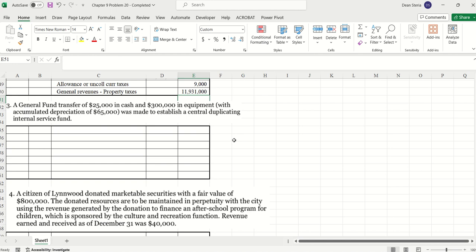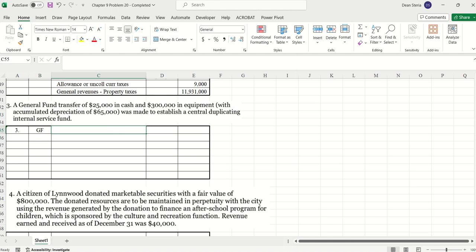Number 3, a general fund transfer of $25,000 in cash and $300,000 in equipment with accumulated depreciation of $65,000 was made to establish a central duplicating internal service fund. Well, to start off with, we know this is 3A, and we know we're going to start off in the general fund, right?